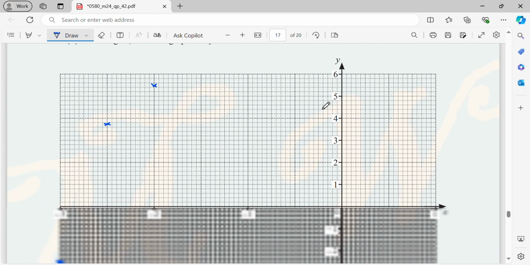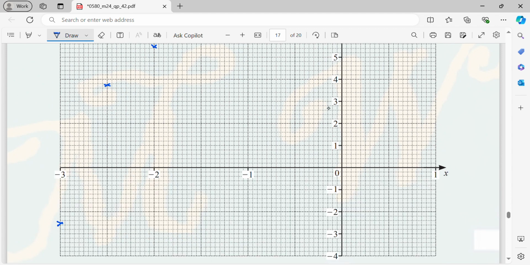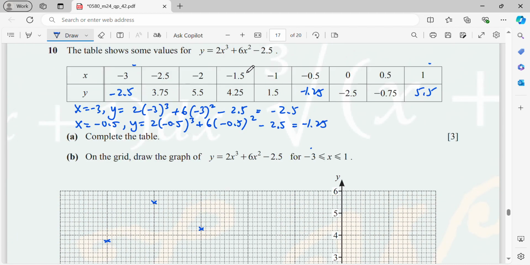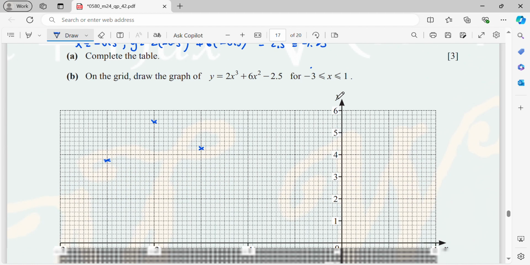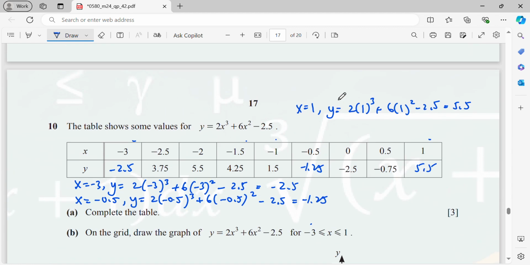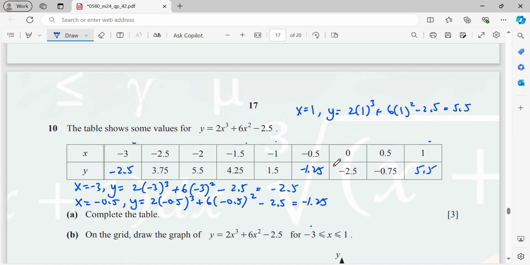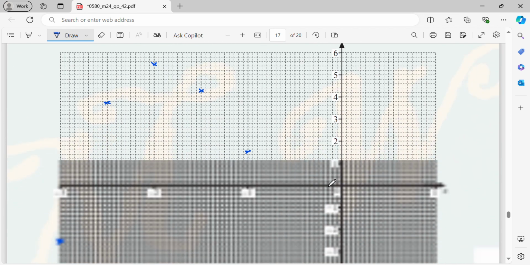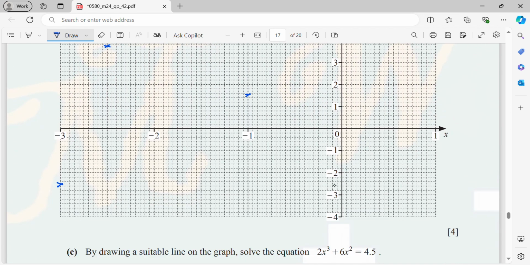Minus 1.5 is 4.25. Then minus 1.5, okay, done. Minus 1 is 1.5. After that, minus 0.5, you get negative 1.25. Use negative 2, or 1.2.